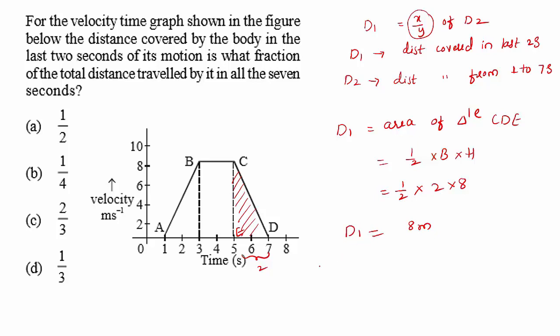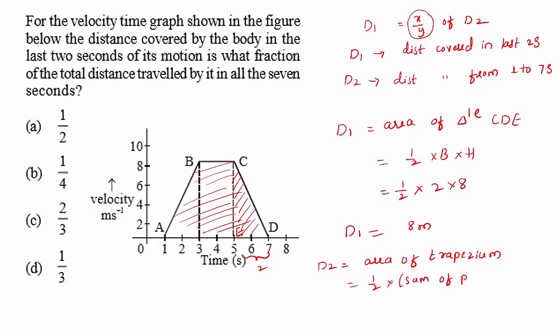Similarly D2. D2 means the area from 1 to 7, this complete area we can consider. This is equal to trapezium. Area of trapezium means 1 by 2 into sum of parallel lines into height.